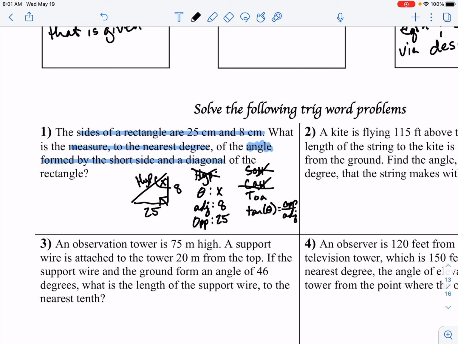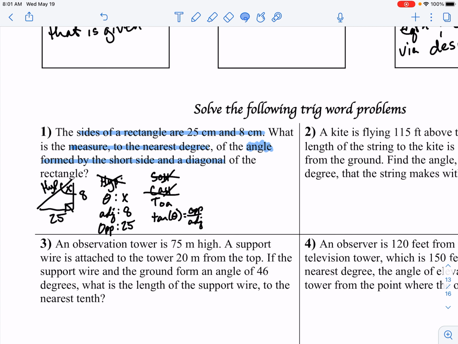And from here, I just plug everything in. So I have tangent of x equals opposite, which was 25 over 8.